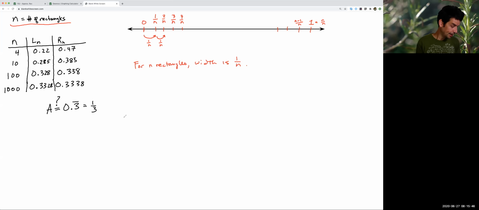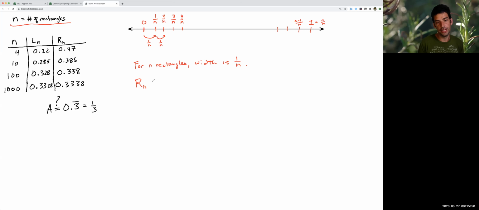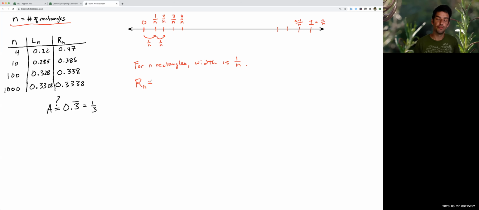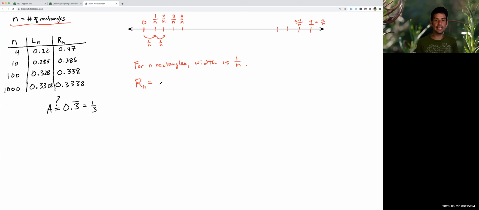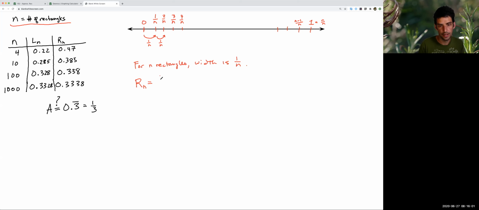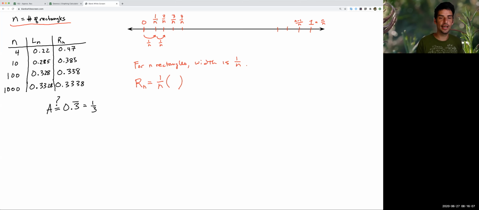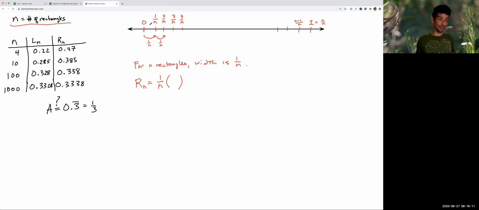Okay. If I wanted to figure out the approximation for n rectangles using the right-hand endpoint, let's look at what this first rectangle would be. Well, its width is 1/n. Its height is going to be the height of the function at 1/n. What's our function? We square the x value.